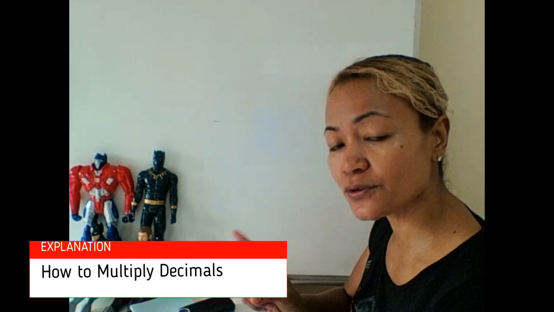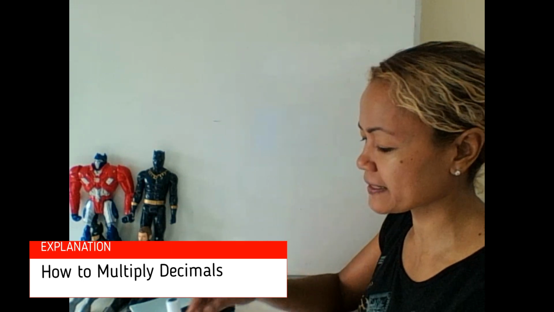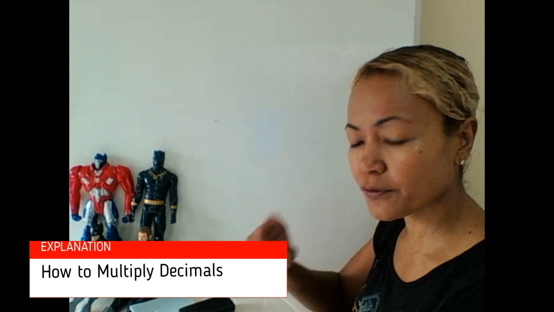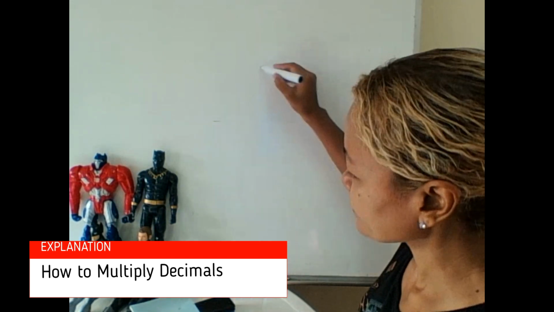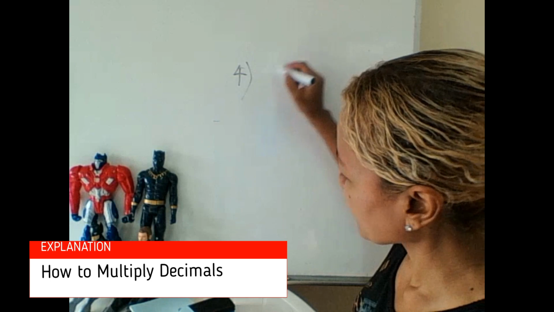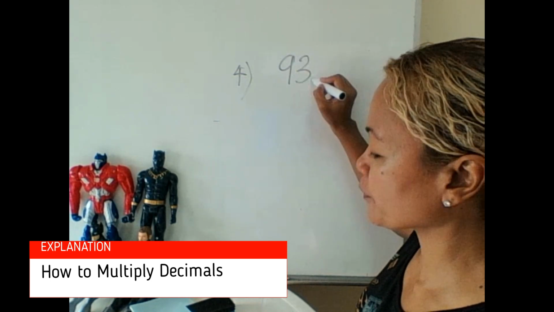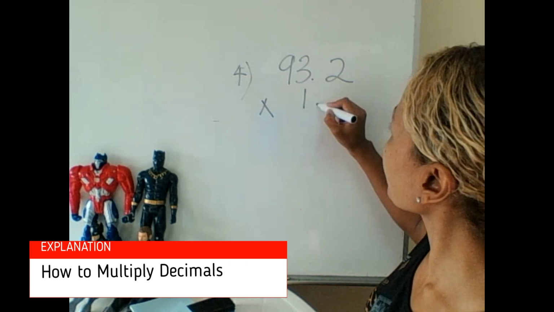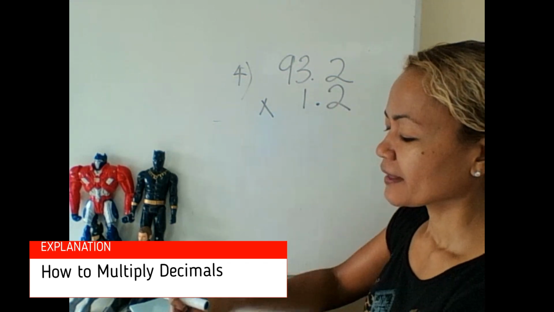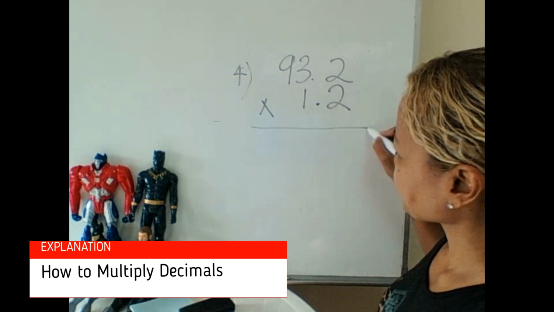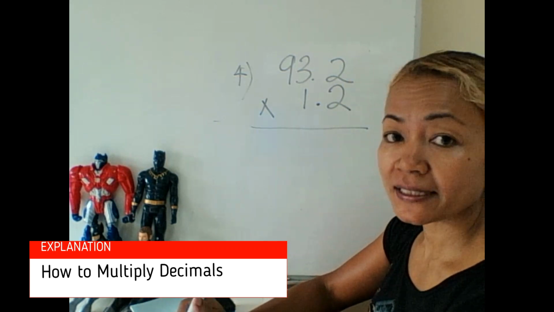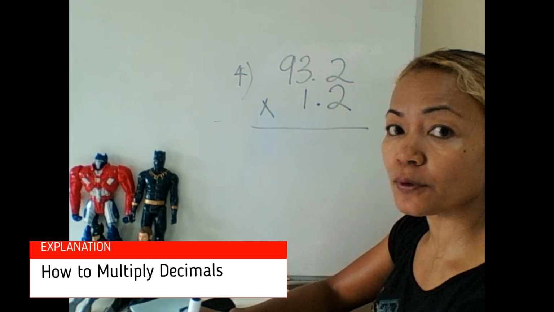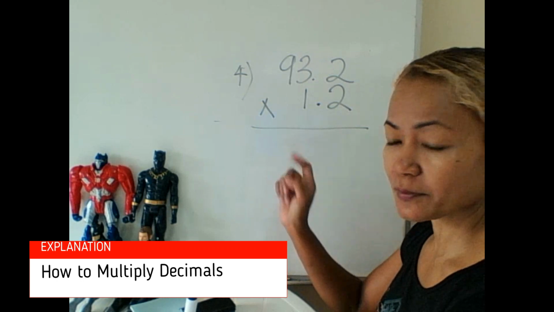But what do you do in the case where there are two decimal points in both of the numbers? So number 4, 93.2 times 1.2.